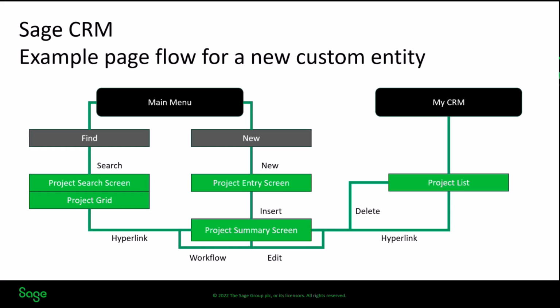If we wanted to imagine that associated with a user, we can imagine that we also then need for the user to be able to look at the projects that are associated with them. So there would be a list page needed to be added into the context of wherever it was needed. So it's certainly in the My CRM area.